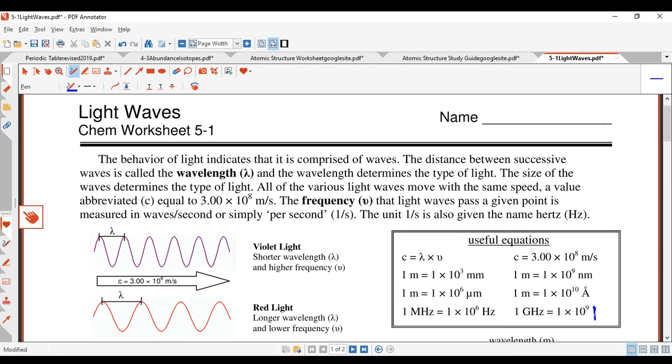So you can write in here, this should be hertz. And then megahertz and hertz, and micrometers and meters. So make sure you're referencing these and getting, if you have frequency, that you're getting that into hertz. If you have wavelength, you're getting it into meters. If you're not given meters, then you're not given hertz.